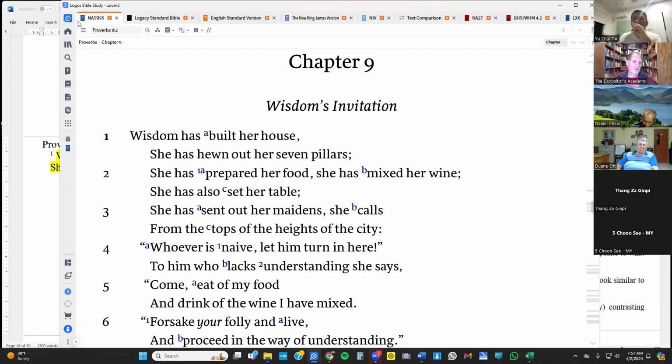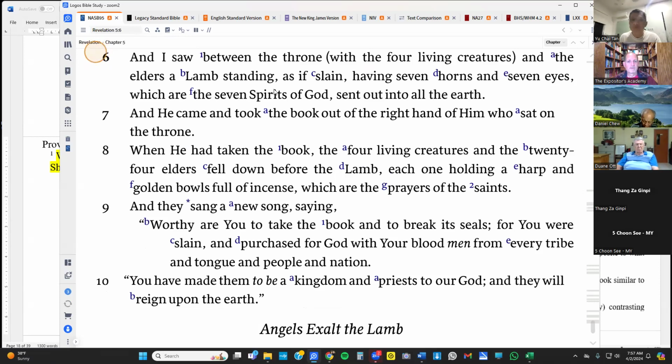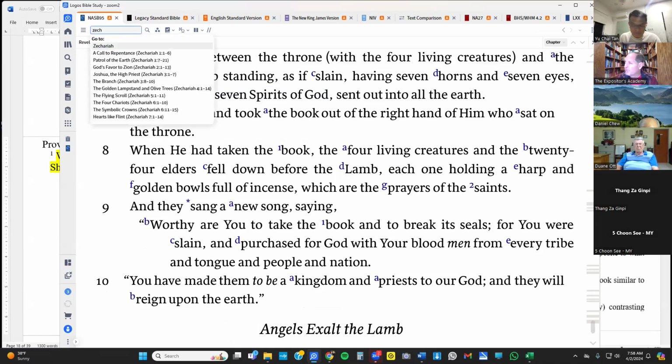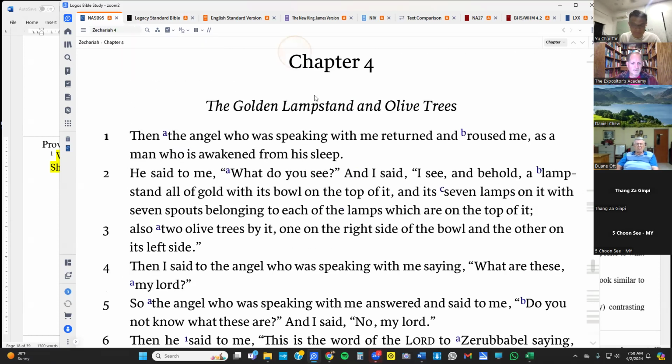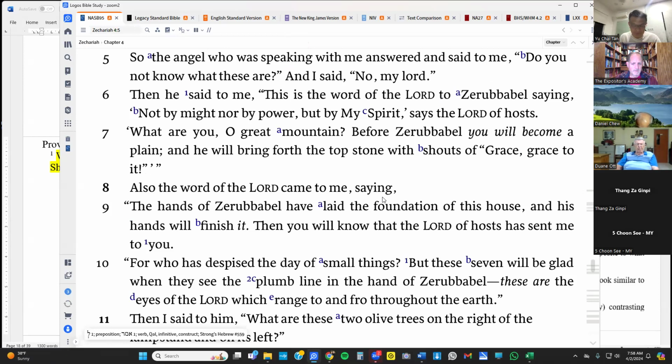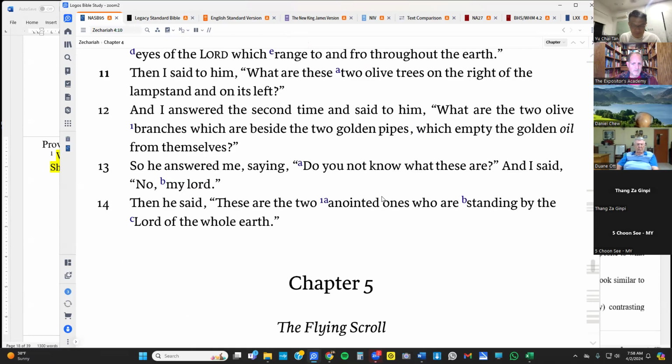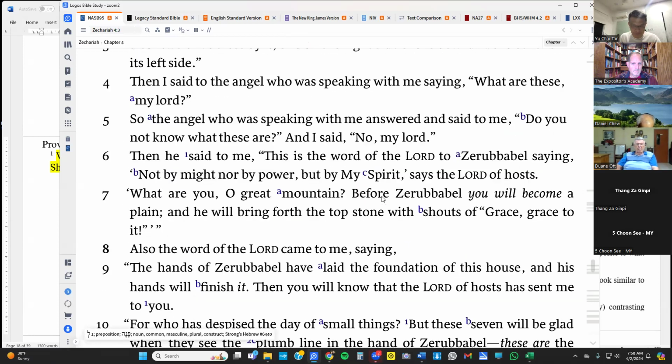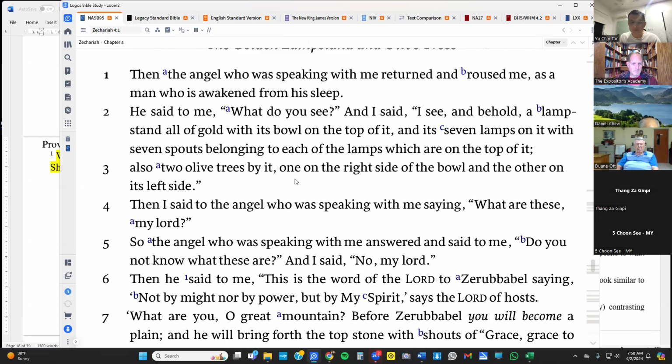Another example of this is in Revelation 5. The seven spirits of God, right? I think even in Zechariah 4, is it? I thought there was a statement, the seven eyes.